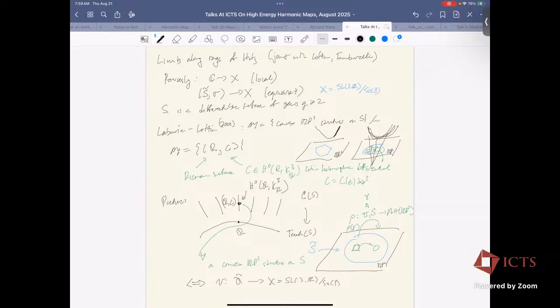Again, where this is acted upon by a representation of the fundamental group into Aut of X, which in this case will be SL3R, I guess. Okay, great. So that's the picture.